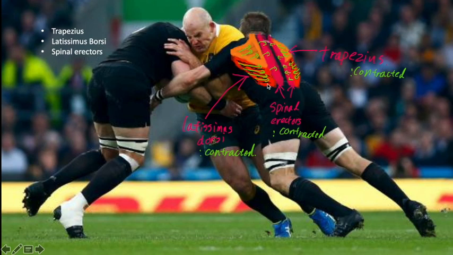The spinal erectors just attach around the spinal cord, and then the trapezius has to be contracted towards the inside of your body, and the latissimus dorsi has to be contracted too.